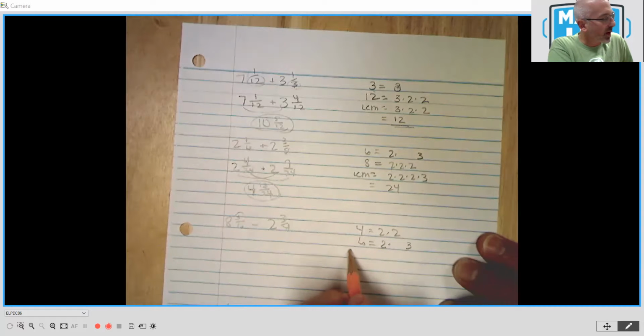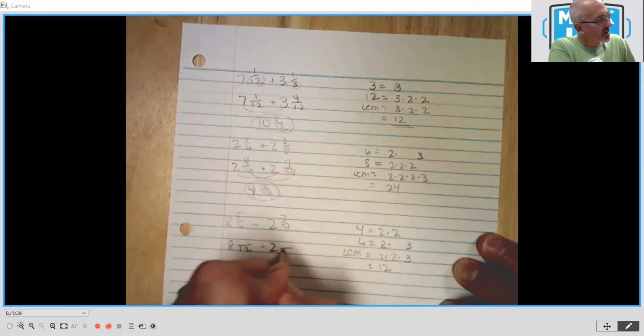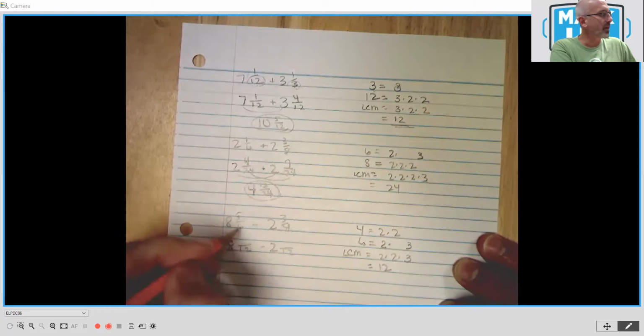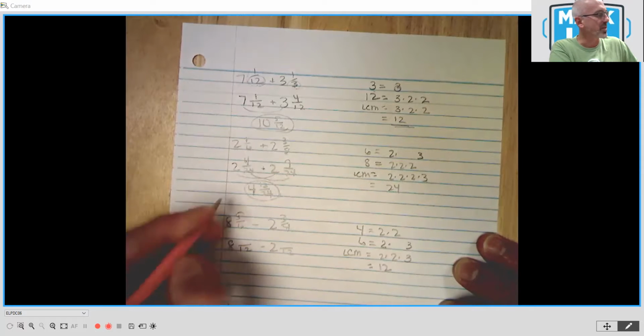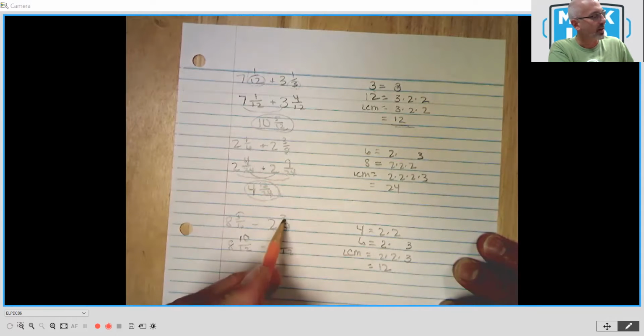And then we're going to get our least common multiple, which is 2 times 2 times 3, which is 12. Rewrite our mixed numbers with the fractions having a denominator of 12. 6 to 12, we multiply by 2. So we're going to do the same thing with the 5. 5 times 2 is 10. 4 to get to 12, we multiply by 3. Same thing here. 3 times 3 is 9.